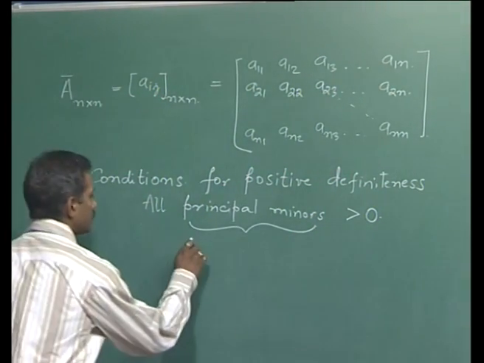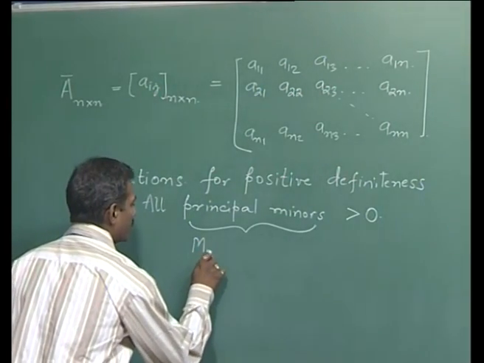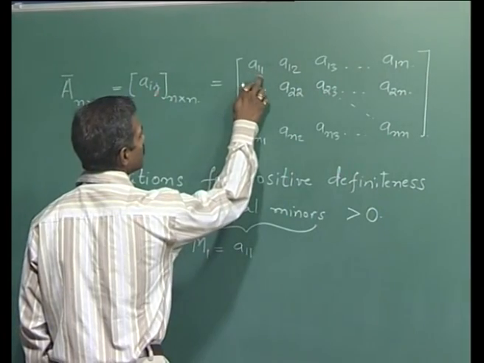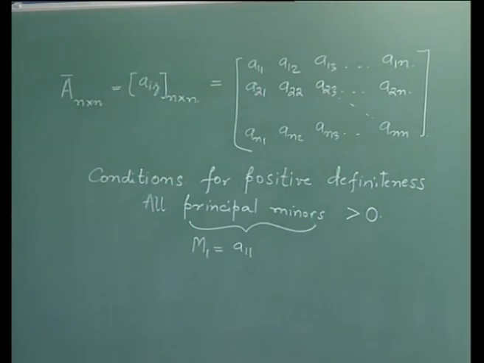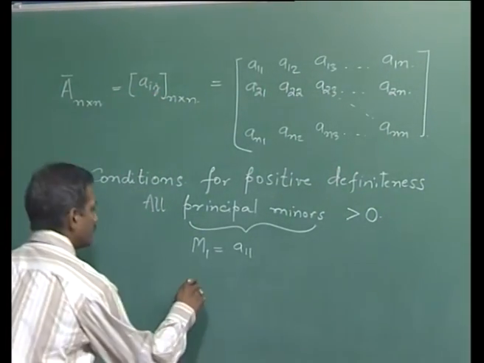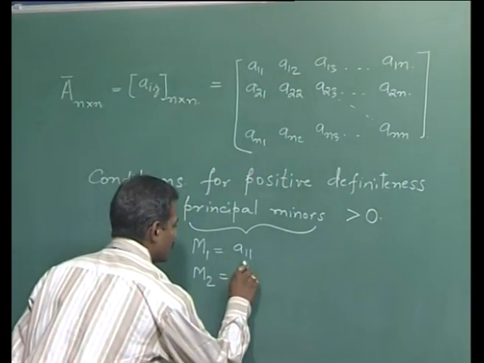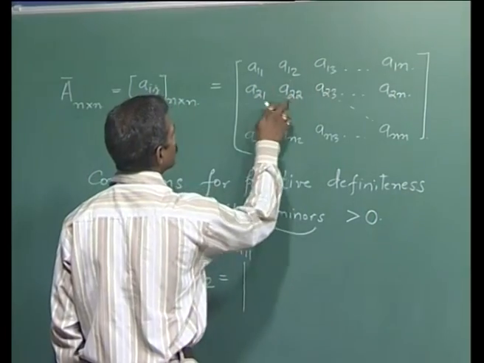For example, the first principal minor will simply be the first element A11. The second principal minor will be the determinant of this 2 by 2 matrix.